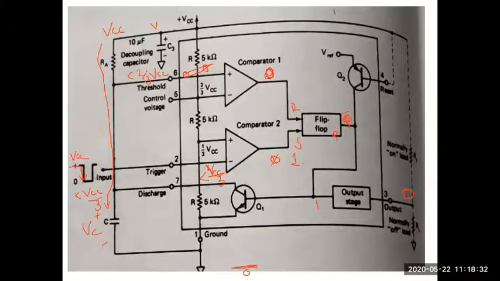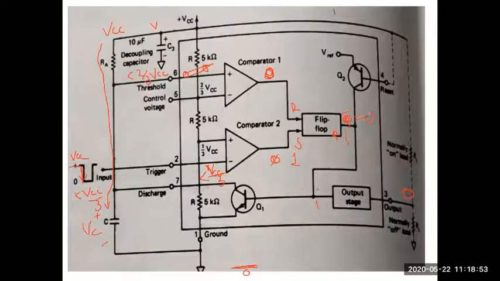But because this trigger input has gone below VCC by 3, the output of the lower comparator has become 1. So S is 1, R is 0. What will happen to the output of the flip-flop? It is in the set state. Q will become 1 and Q bar will go to 0.